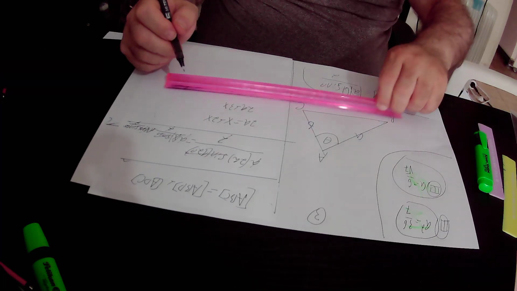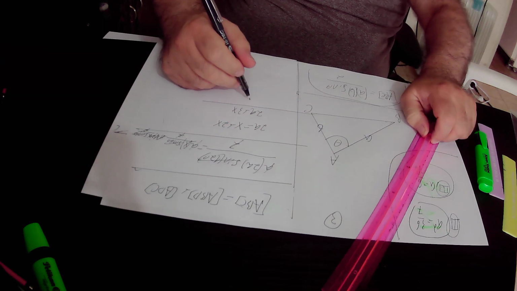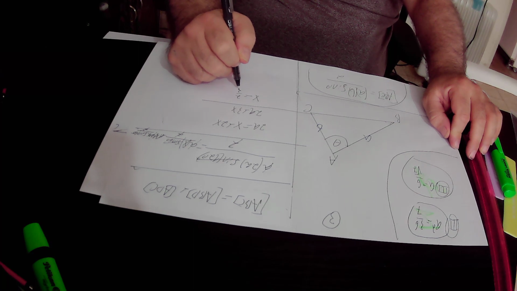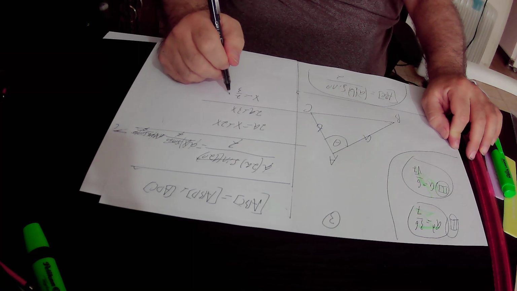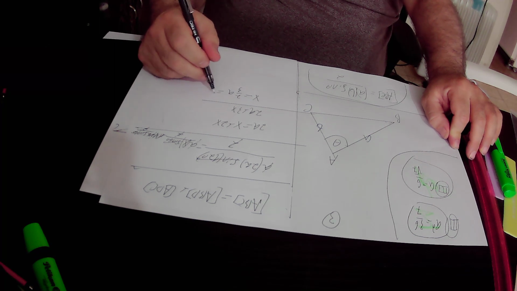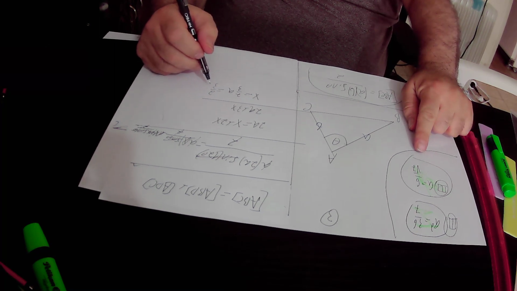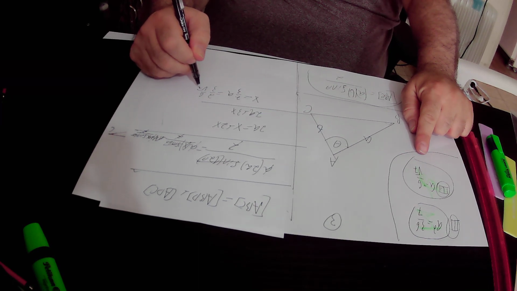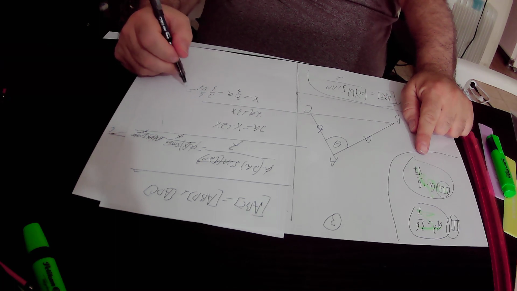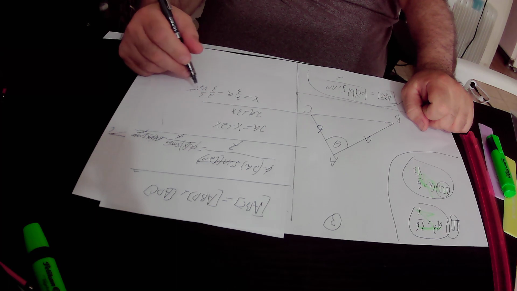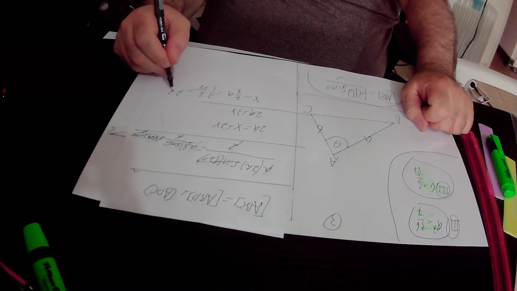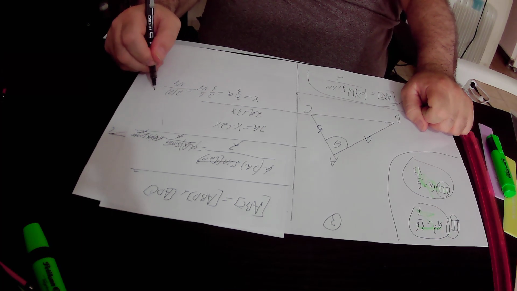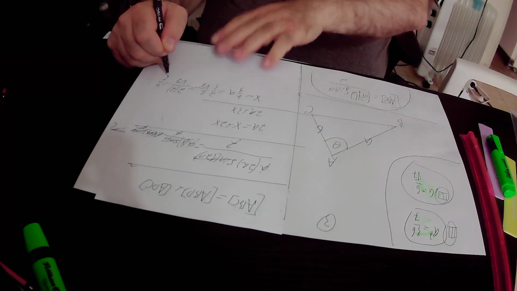Here we divide this equation by 3 and we get that X equals 2 over 3 times A. But we already found out that A equals 6 over square root of 7 units, so we substitute A by 6 over square root of 7 units. 6 over 3 is 2, so it is 2 times 2 over square root of 7 units. 2 times 2 is 4 over square root of 7 units.